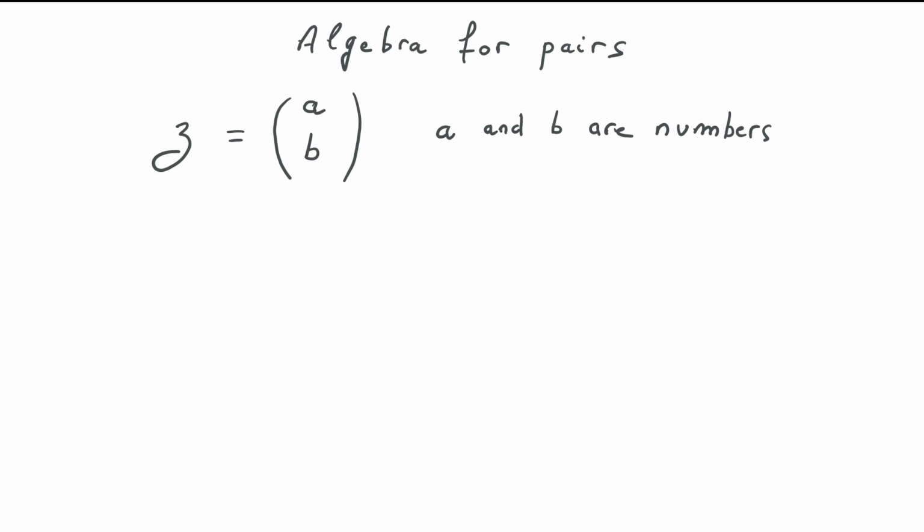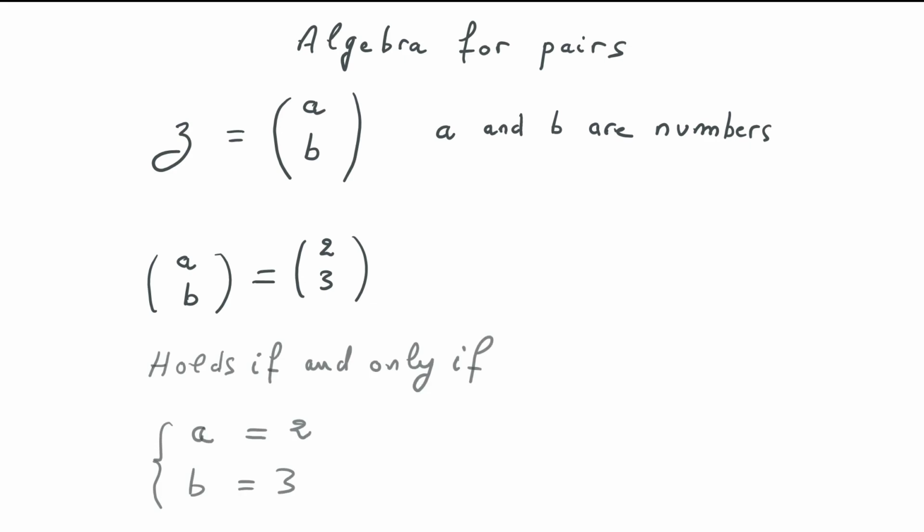Okay? So I have here a pair, Z, which is defined by (a, b), where a and b are numbers. I need an equality for this algebra because I have to equate things, right? So I will say that this equation holds true if a equals 2 and b equals 3, which means that I am identifying each row on its own.